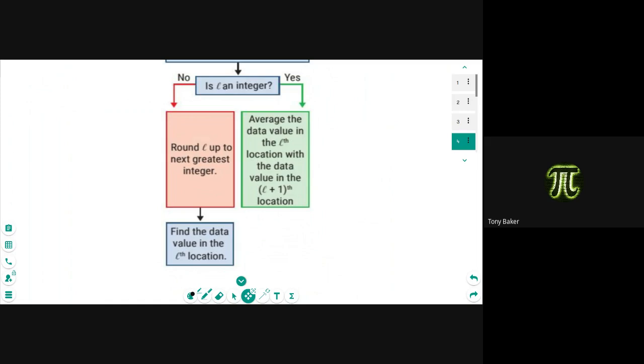So if it comes out to be a whole number, you're taking that point and the one next to it, adding them up and dividing by 2. If it does not come out to be an integer, you're always rounding up. And that's the number you would choose.